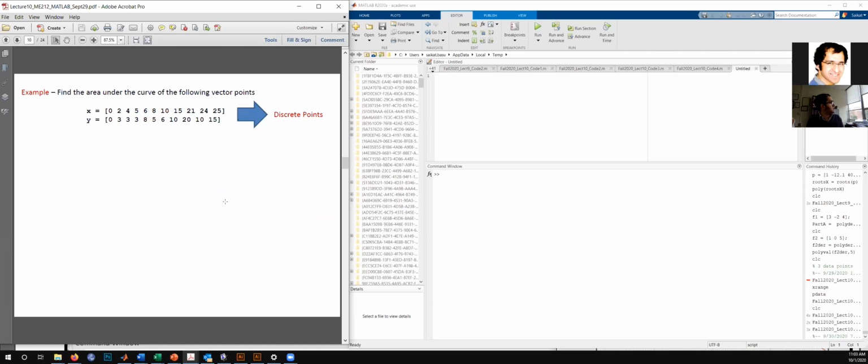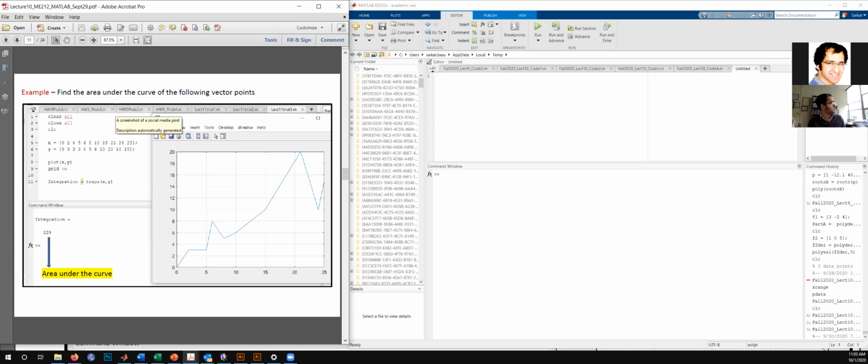So we did that example, and this is the other example that we did, where instead of a function being given to us, we are given a set of discrete points. The question is, find the area which is under the curve made by joining all those discrete points. And for that, we learned that the corresponding Matlab command should be traps when you have discrete XY coordinates.